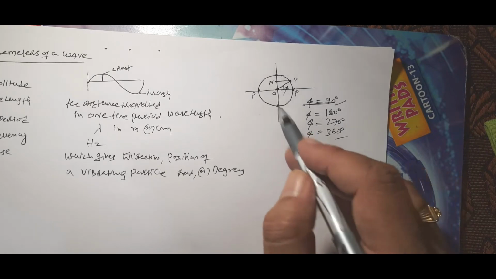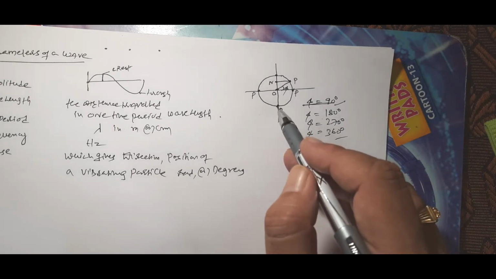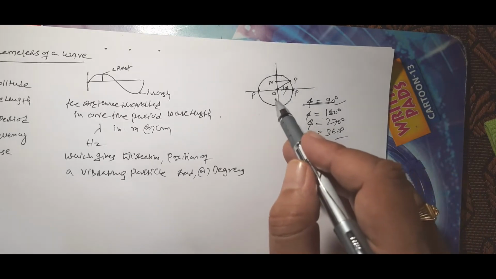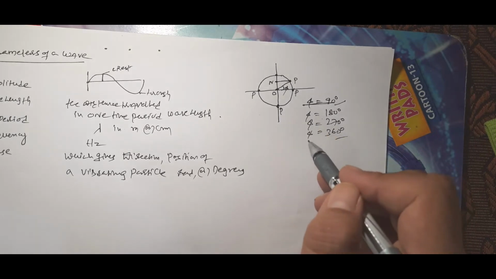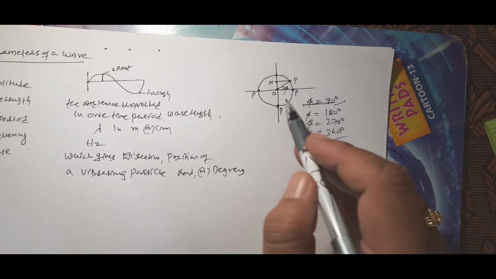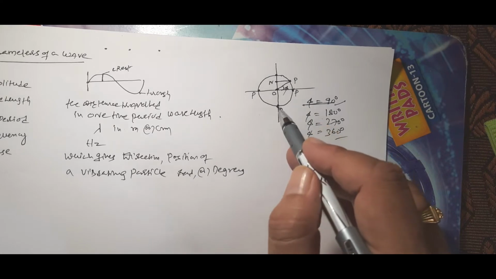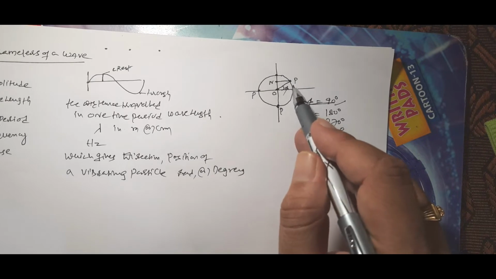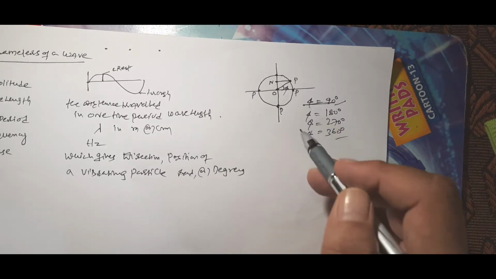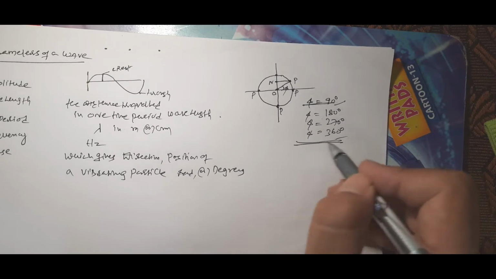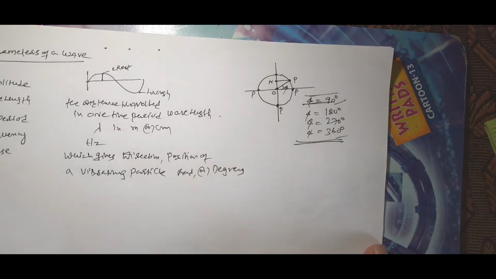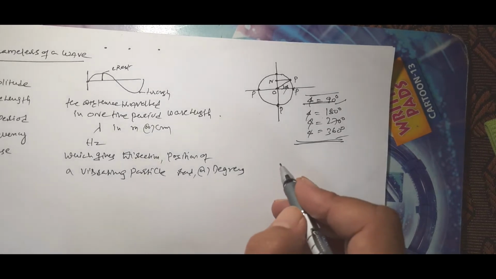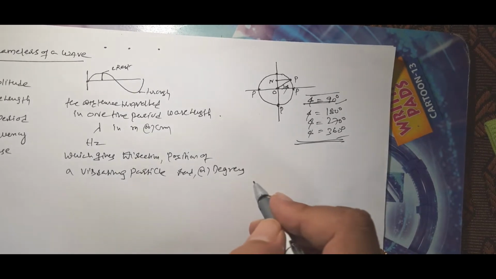Phi equal to 270 means the vibrating particle N is at the negative extreme position and is moving towards the mean position. Phi equal to 360 means the projection is at the mean position and is ready to move towards the extreme position. So this phase tells us about the position and direction of the vibrating particle. It is measured in radians or degrees.